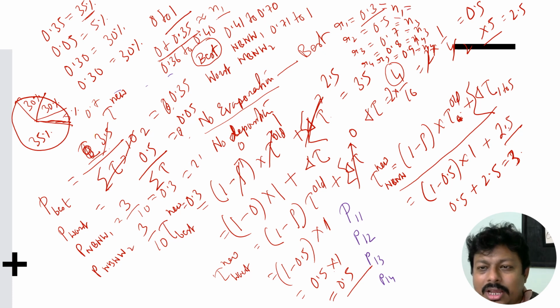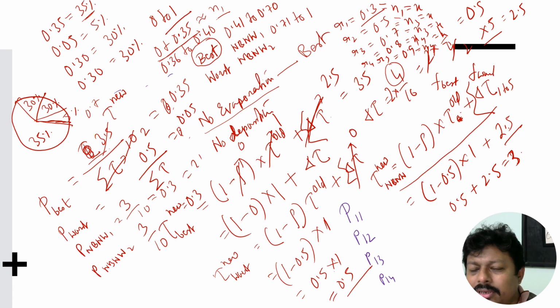So we have those values of N. Now put them as X, again X, again X, again X, again X. So 5 different X, 5 different Y. Again you compare and find the best function and worst function.